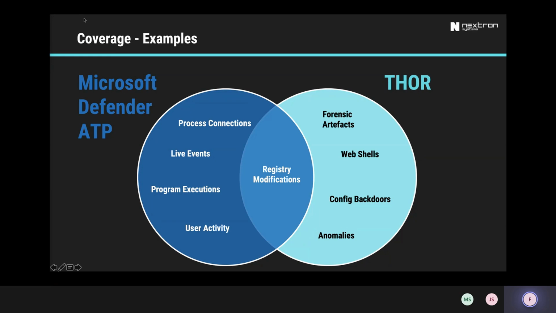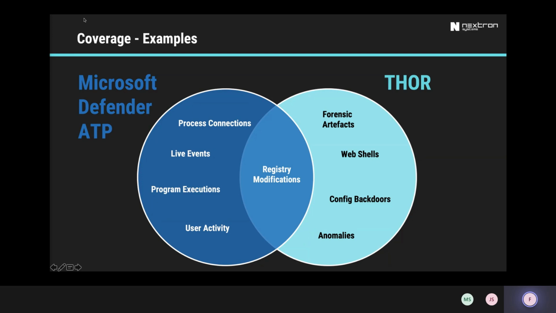So Microsoft Defender ATP looks at everything that happens right now in real time: process connections, live events, program executions, the command line, mutexes, events, named pipes, things like that, user activity. There are many overlaps, but the most obvious one is registry modifications.